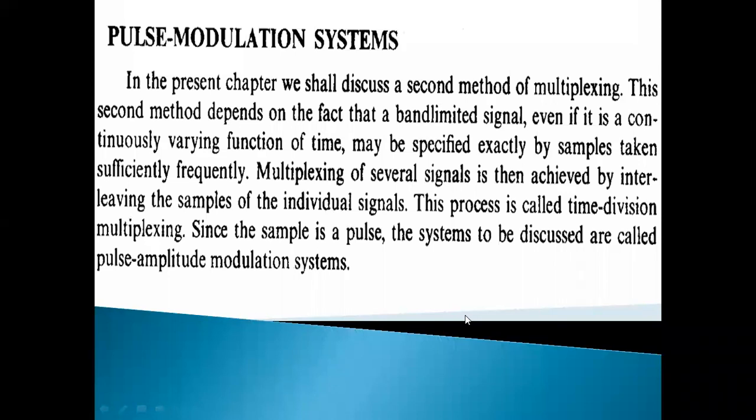Before going to the pulse modulation schemes, you have to see an important concept, that is conversion of analog to digital. Why do you go for analog to digital conversion? Because in the digital domain, there are many more advantages. Digital modulation schemes are very much error-free and occupy less power.